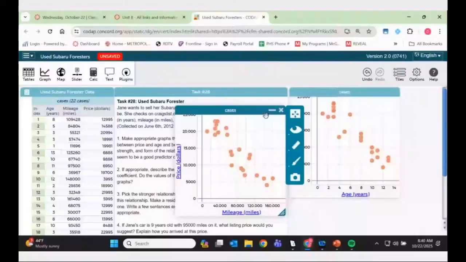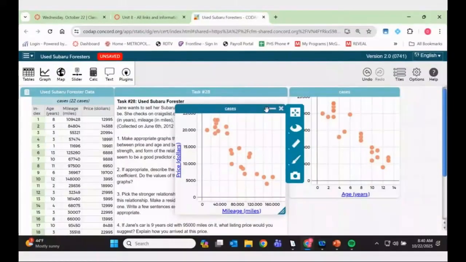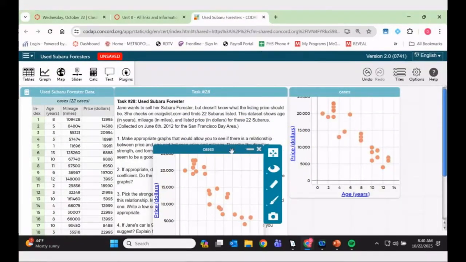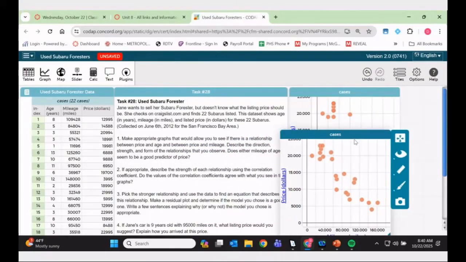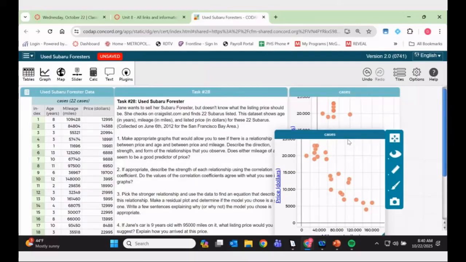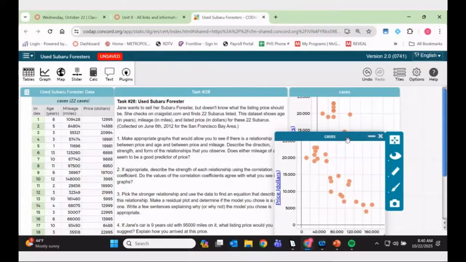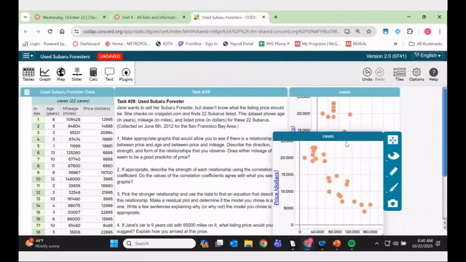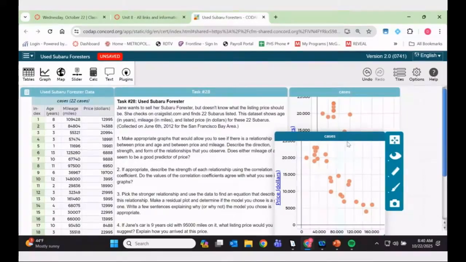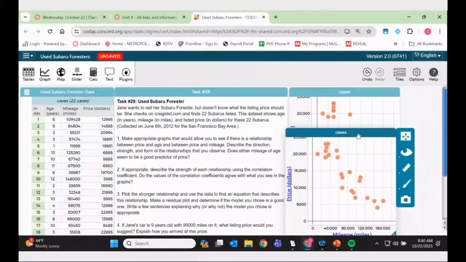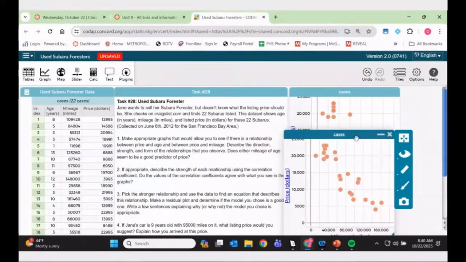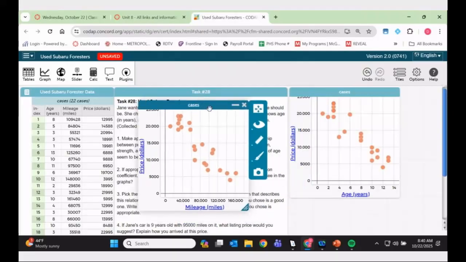So, as it guides you through this, it says make appropriate graphs that would allow you to see if there's a relationship between price and age and price and mileage. Describe the direction, strength, and form of the relationships you observe. Does either mileage or age seem to be a good predictor of price?